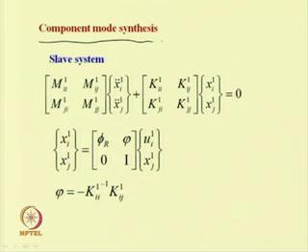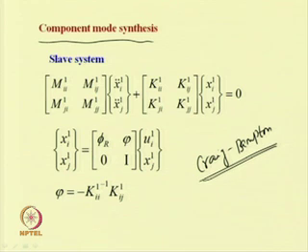In the component mode synthesis method, a Craig-Bampton type substructure with a large number of degrees of freedom is represented using generalized coordinates, while the other substructure with nonlinearity is modeled with physical coordinates.